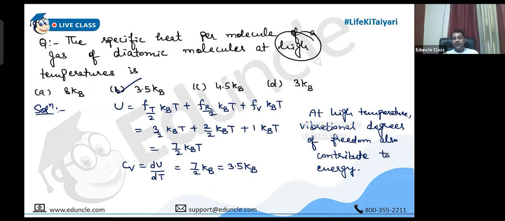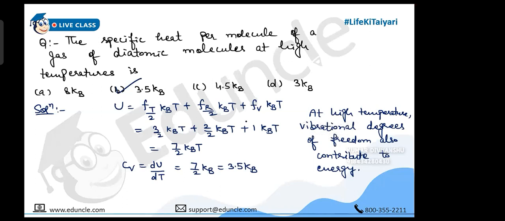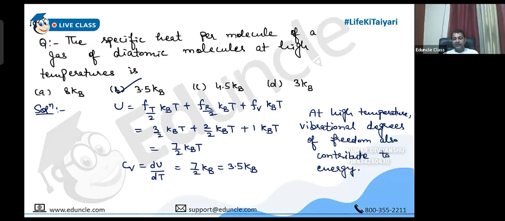At high temperature, I said already that whenever it is given that high temperature is there, you have to consider vibrational. Then it takes the form of a non-rigid type. Yes, obviously. At high temperature, every molecule will become non-rigid. Now, how can it be rigid? It can even melt down. It cannot stay rigid at high temperature.